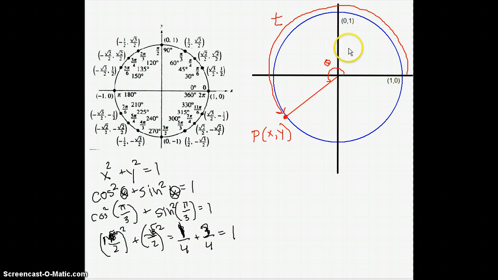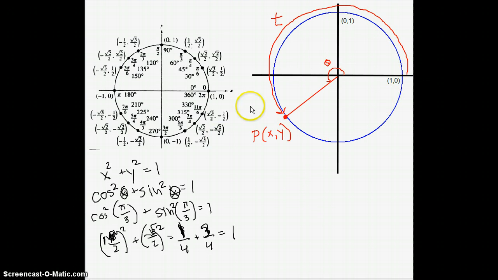And when we're talking about trig functions of real numbers, we're talking about a real number t. Sometimes you'll see it in terms of an angle theta. Sometimes you'll see it in terms of a distance t. But here's the nice thing about radians. Let's think about the distance t. Let's suppose we were going around this entire circle.